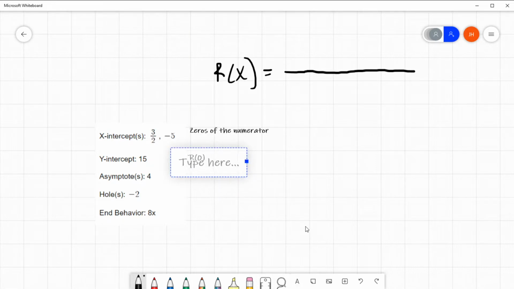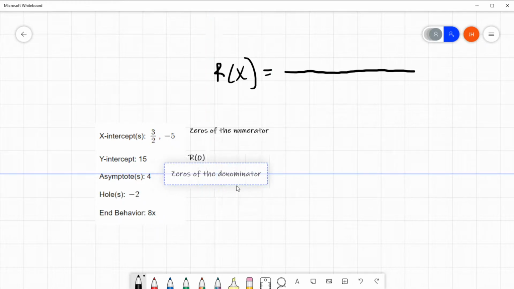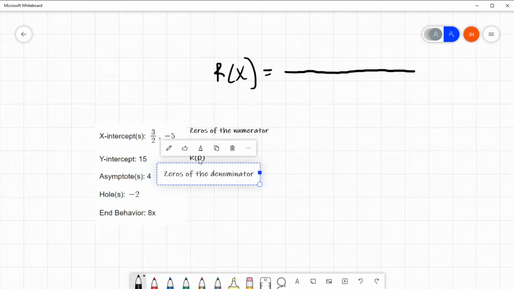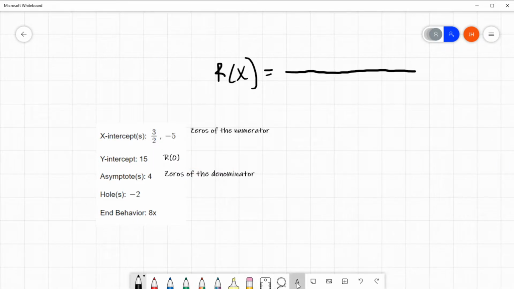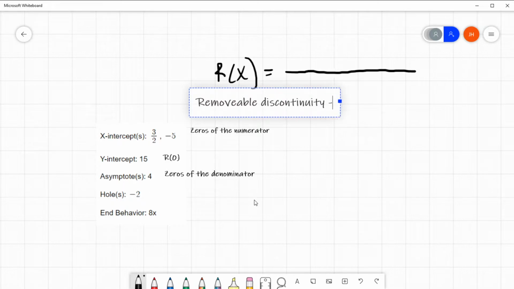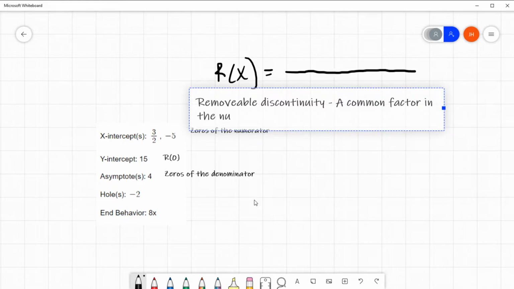Asymptotes, we said, came from the zeros of the denominator. And holes, if you guys remember, came from a removable discontinuity. What that meant was a common factor in the numerator and denominator.